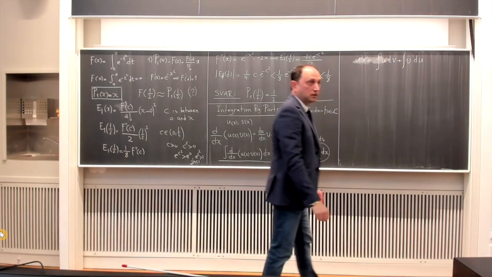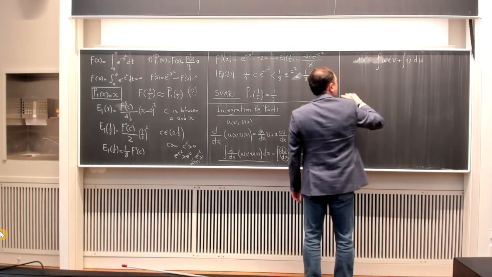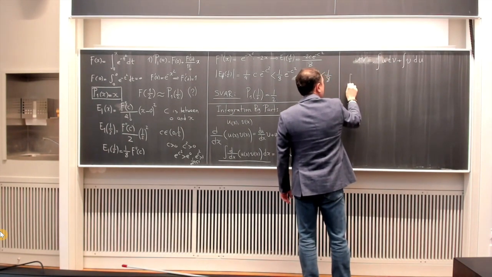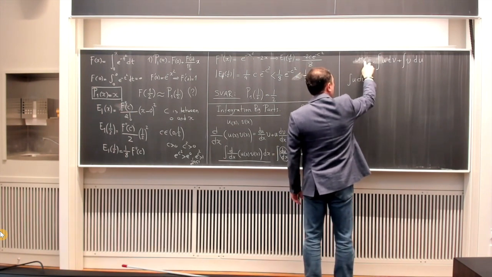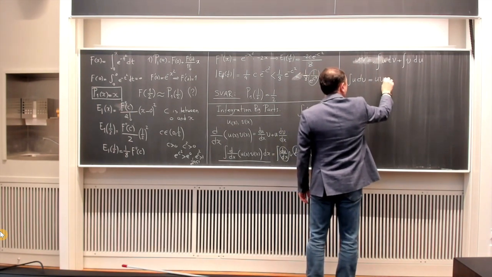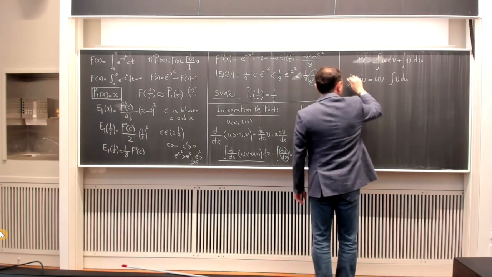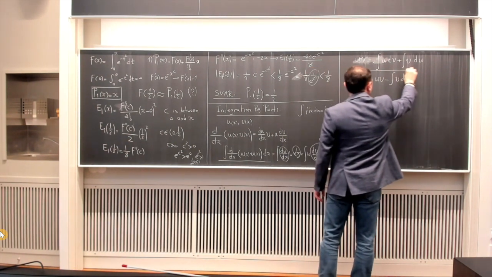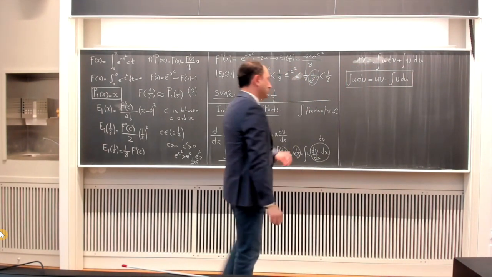Okay, and then what I want to write, I want to move this to the left-hand side. So this becomes the integral of u dv is equal to u times v minus the integral of v du. This is the formula in this form, which is given to you in the atlas, the course book.